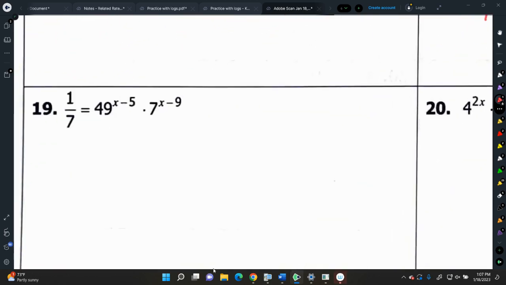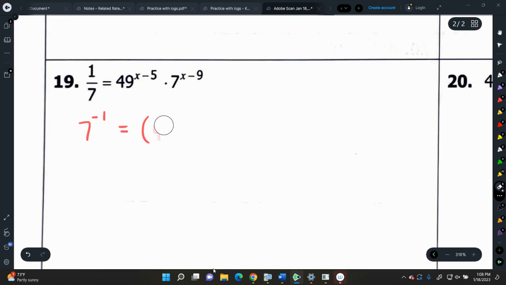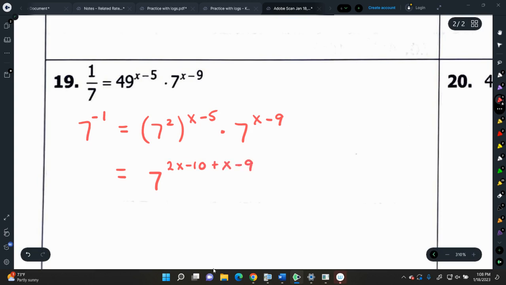Okay, 19. All right, it's getting trickier. So we've got 7 to the negative 1 equals 7. Oops, that's not a 7. That's a 4. Right, 7 squared to the x minus 5 times 7 to the x minus 9. So we end up with 7 to the 2x minus 10 plus x minus 9.